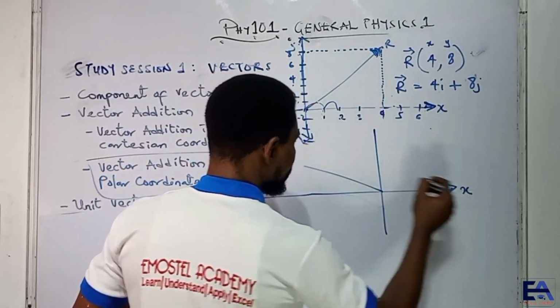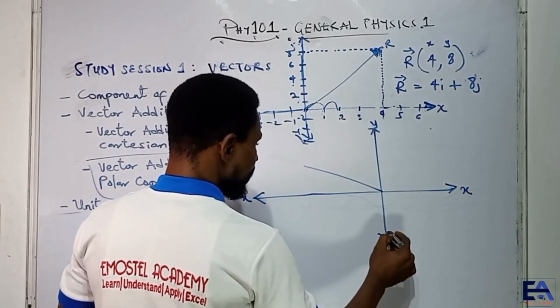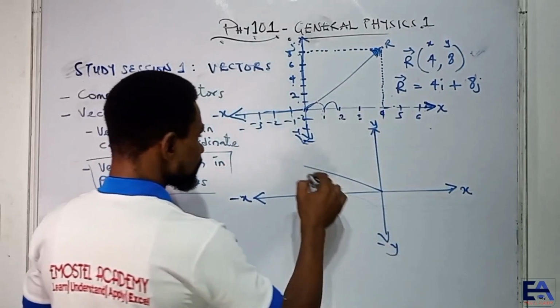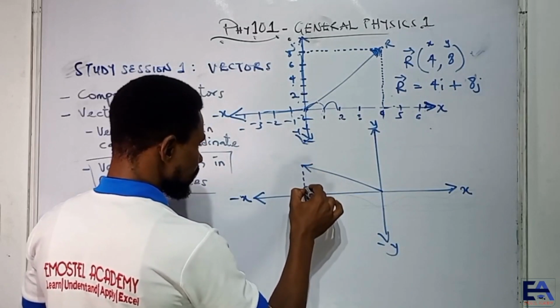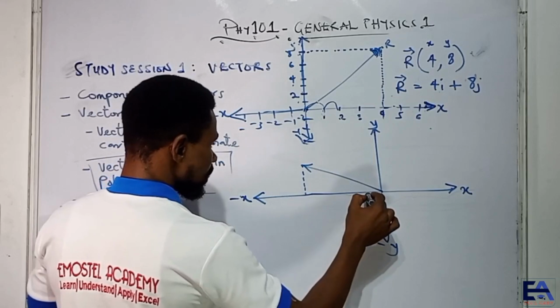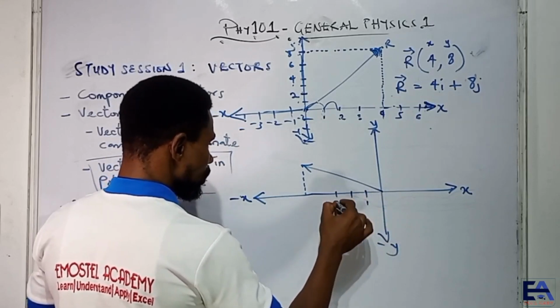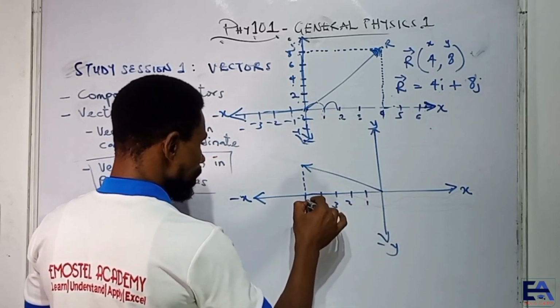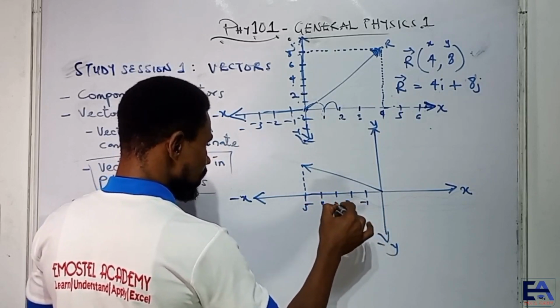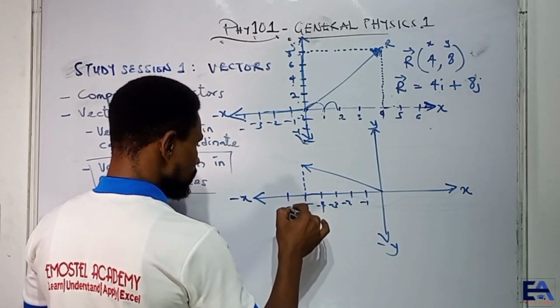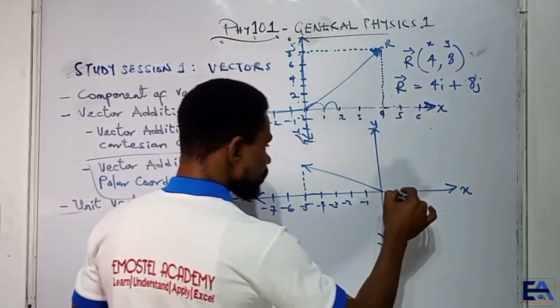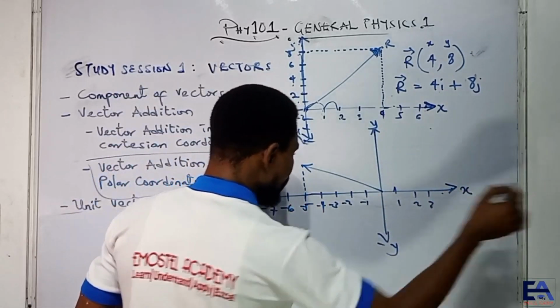This is the positive x-axis, the positive y-axis, the negative y-axis, and then placing this vector into this place. Let's say we have 1, 2, 3, 4, 5. That's negative 6, -7. So we have 1, 2, 3, and so on.